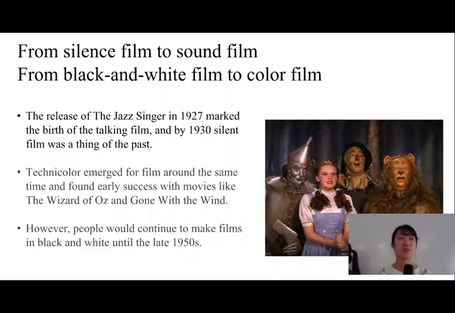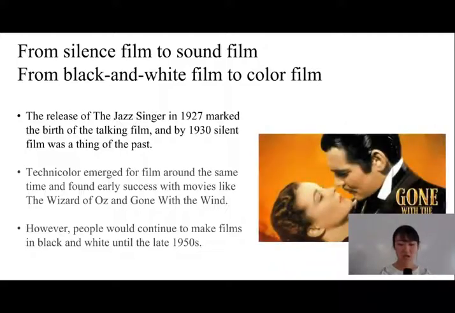Disney's Three Little Pigs in 1933 and films with live action like The Wizard of Oz in 1939 and Gone with the Wind experienced early success using Technicolor's 3-color method.